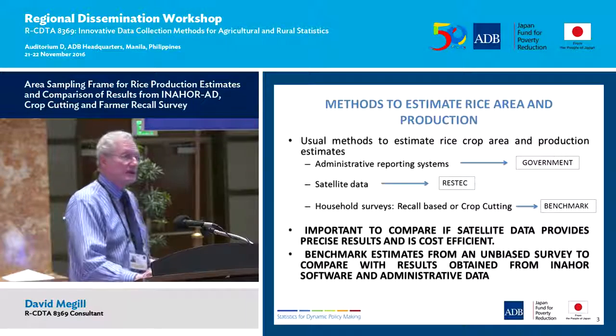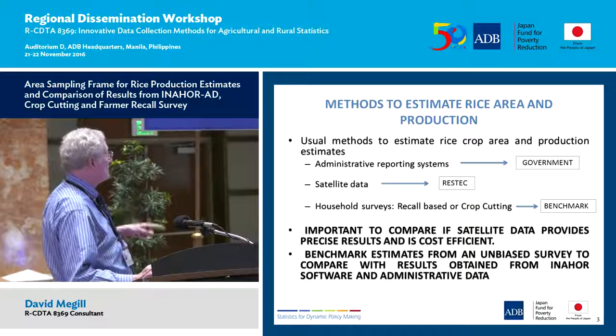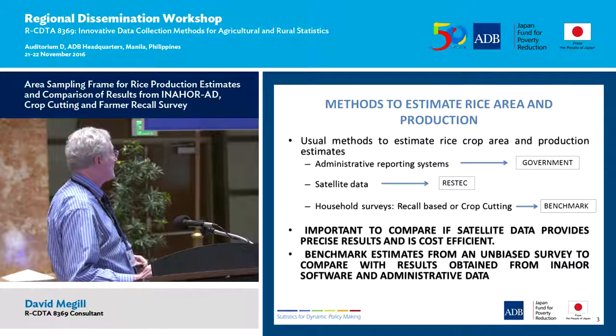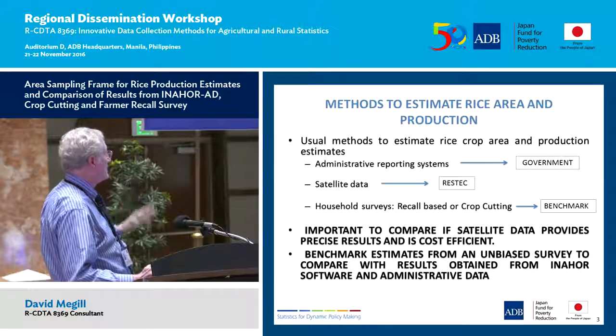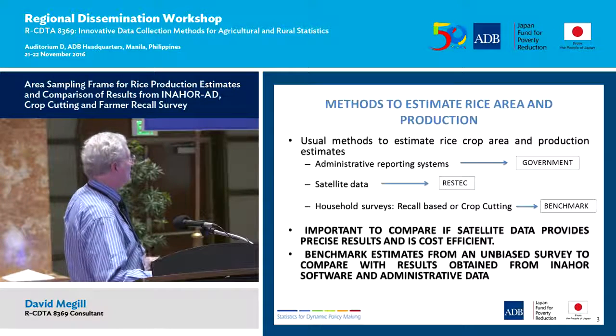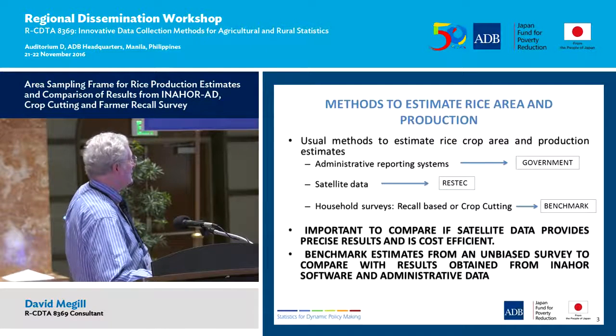You just heard about the satellite data method using INAHOR and the application from RESTEC. And that's another source. And of course, that also needs to be validated. And you heard some results this morning. And finally, there are household surveys that many countries rely on that are based on either farmer recall or crop cutting.